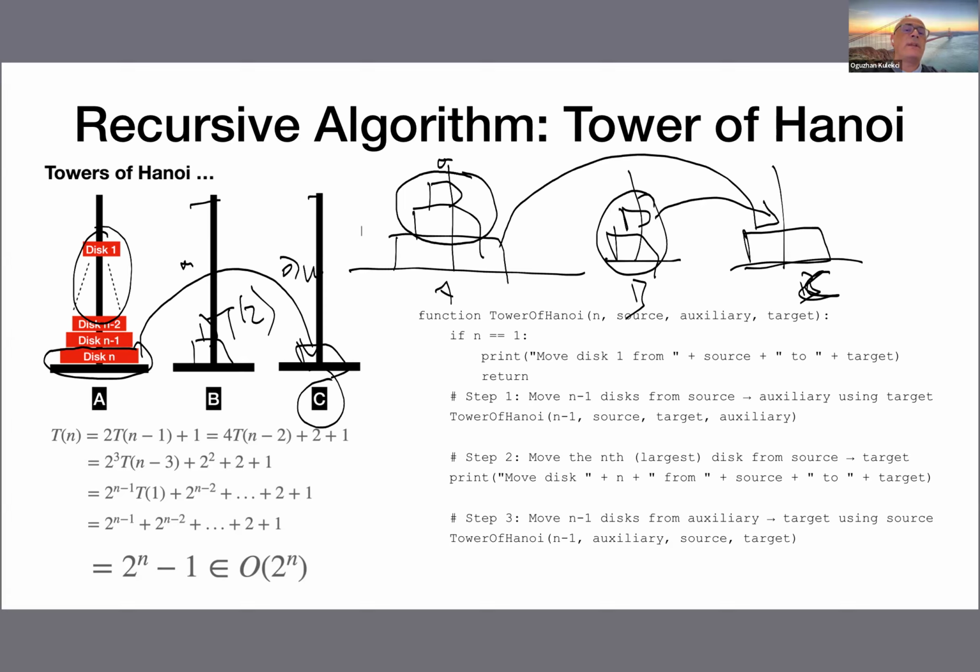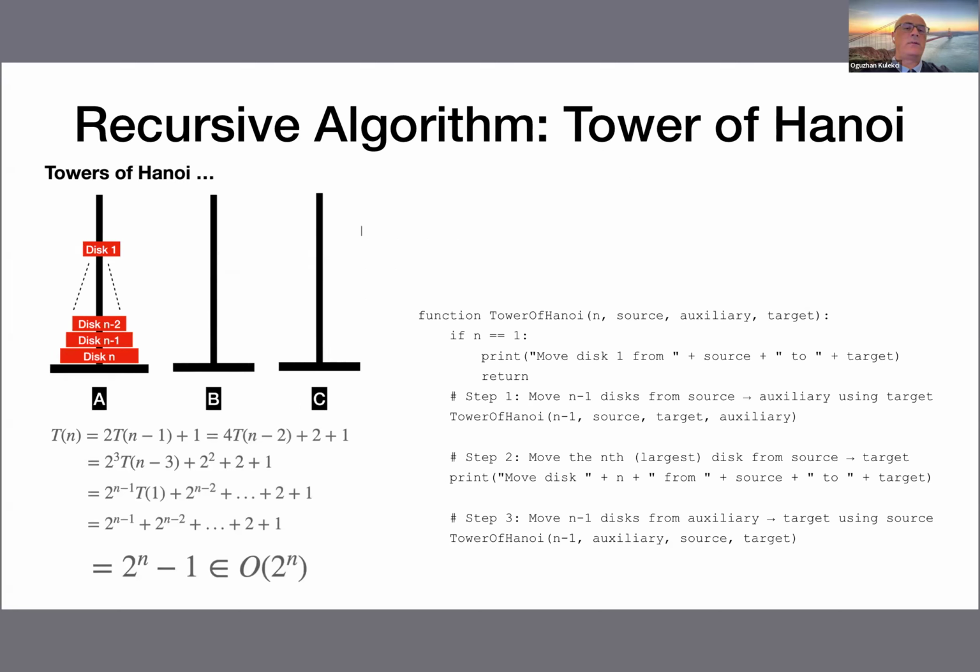I will need to move these 2 disks to the top of this guy again. And this will again take T2 steps. Moral of the story, to move 3 guys, I will need 2 times the previous one, T2, right? And then plus 1. It is this representation.